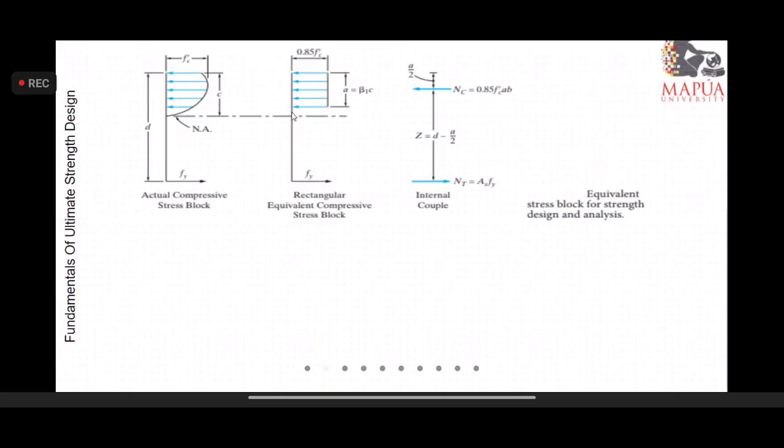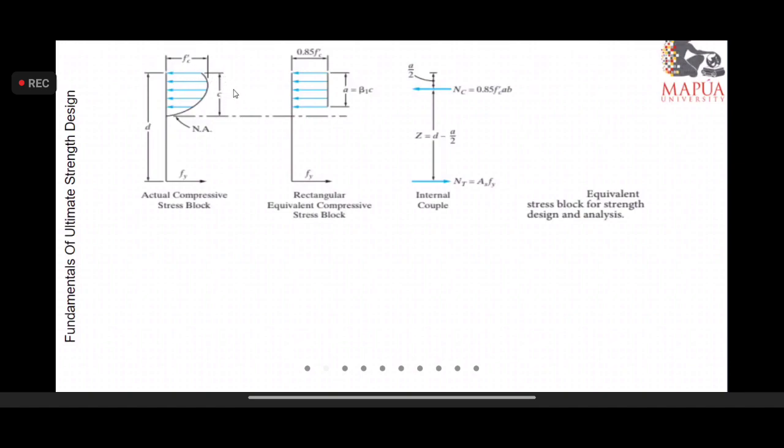In this case, the assumed compressive stress block will now be presented as a rectangular equivalent compressive stress block. And instead of the full fc', it will be about 85% of that full strength of concrete.